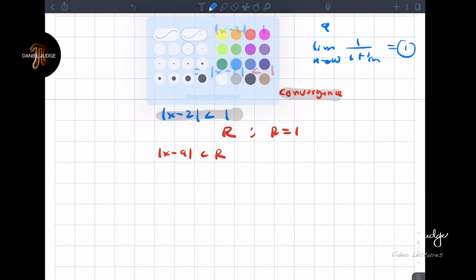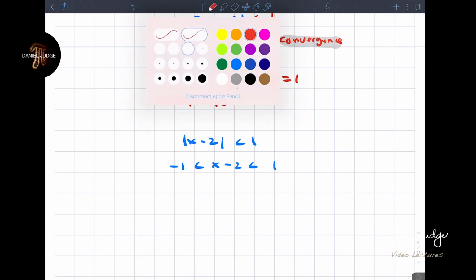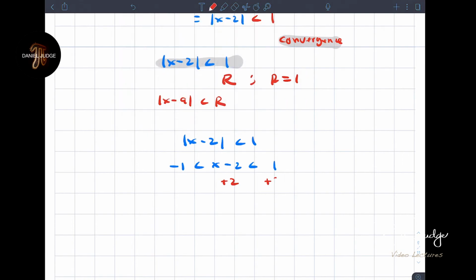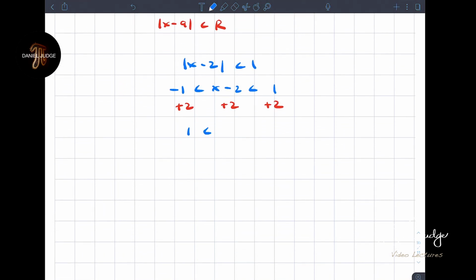So we have to take a look at what that interval really is. Absolute value of x minus 2 is less than 1, is negative 1, less than x minus 2, less than positive 1. The middle, the right, and the left. 1, less than x minus 2, less than 3. Add your 2's. 3, less than x, less than 5.